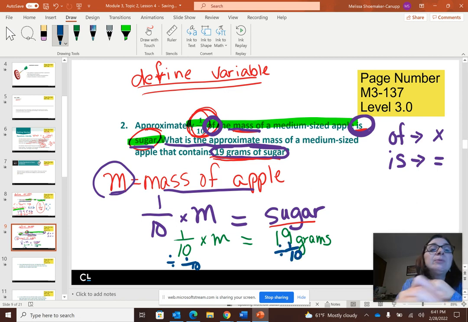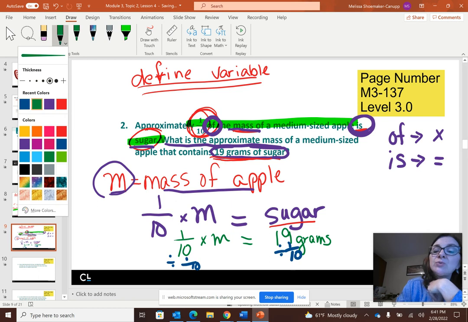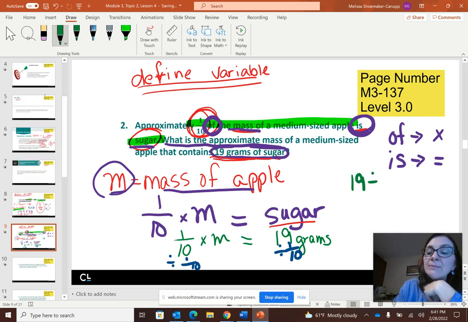Okay, so I'm going to move up here. I'm going to change colors so you can see where I'm going. I'm going to do 19 grams divided by 1/10. That's the math I need to solve. So remember, we did keep, change, flip. 19 stays the same, but I'm going to write it over a 1. I change division to multiply, and I flip this fraction upside down.